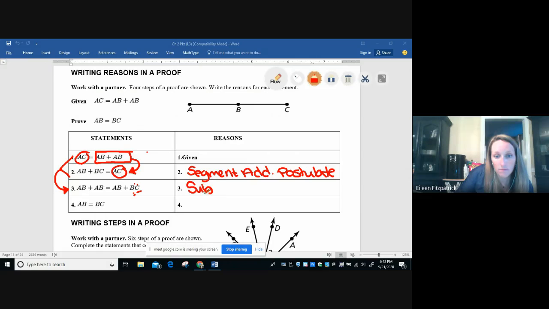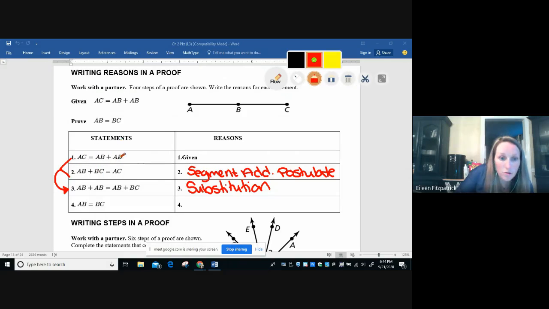And I'll point it out again. Notice how if you substitute this AC with AB plus AB, you then get what's written down here. Or maybe I should say it a different way just so it matches up a little better. Let's do this. Okay, if you notice, you have AC and you have AC, right?